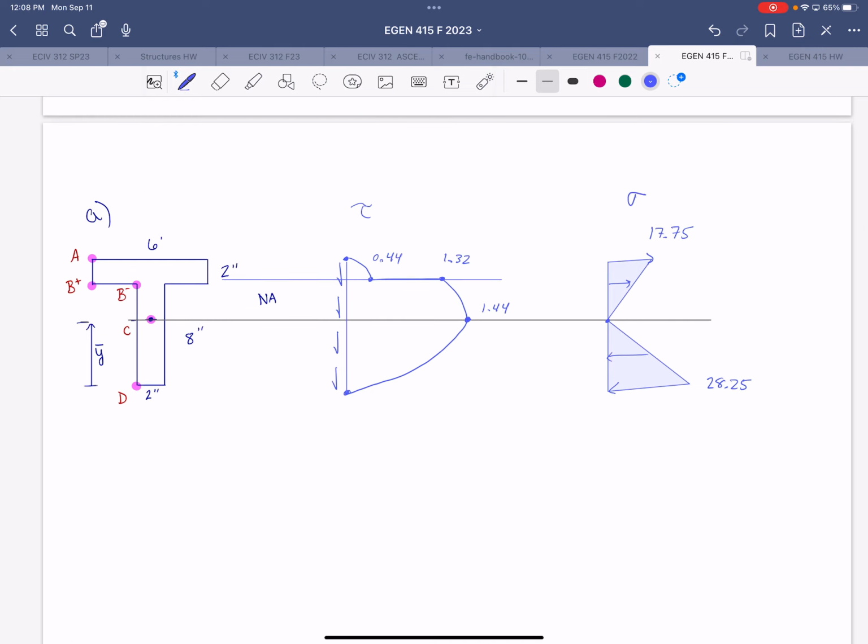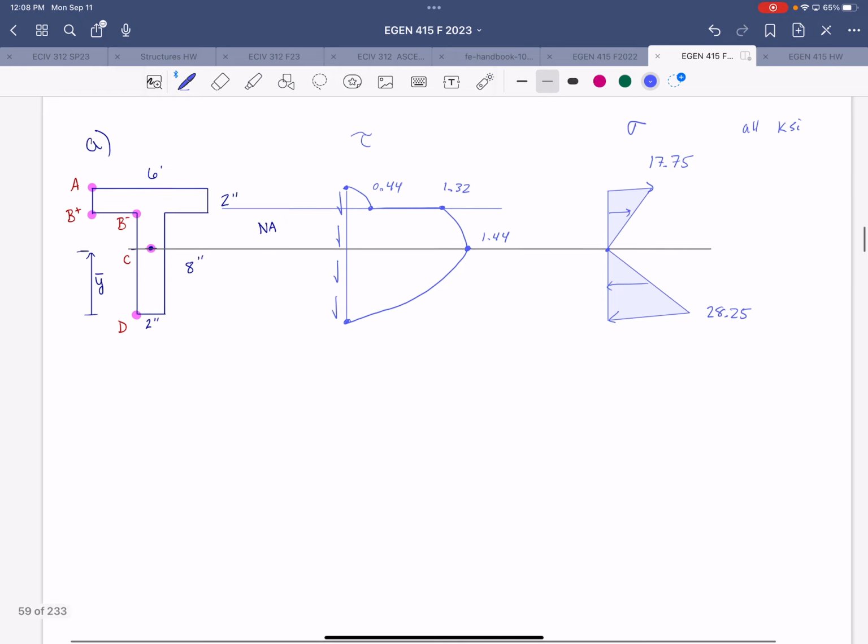All right, so we'll label that as our sigma, and all values are ksi. So you want some note of units on your diagrams. All right, questions? Okay.